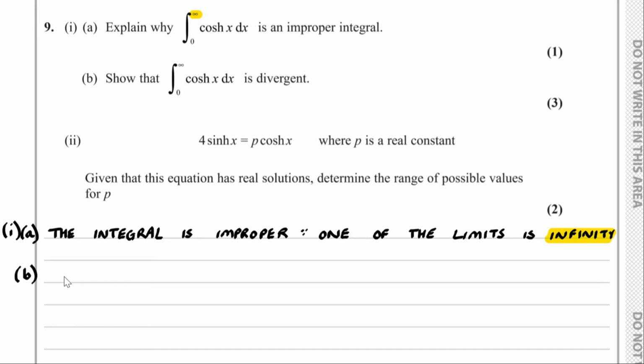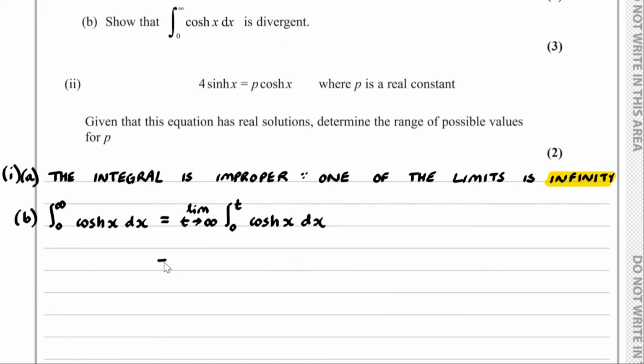So for part B, if we were to integrate between 0 and infinity cos x, well, this is the same as the limit as t tends towards infinity of the integral from 0 to t of cos x dx.